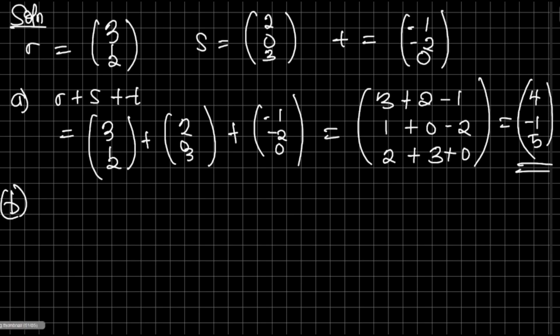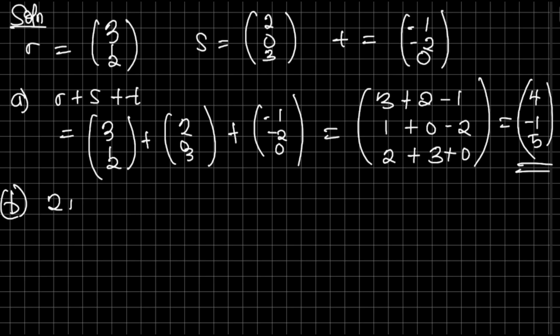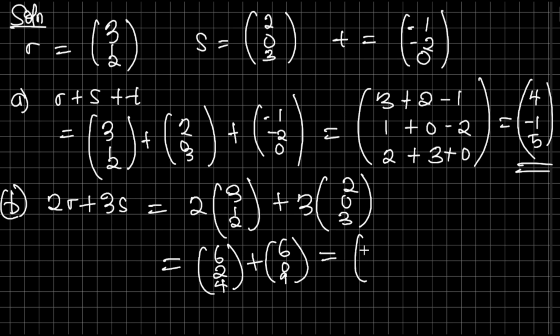For part B, 2R plus 3S. That is 2 times (3, 1, 2) plus 3 times (2, 0, 3), which is (6, 2, 4) plus (6, 0, 9), and that is (12, 2, 13).